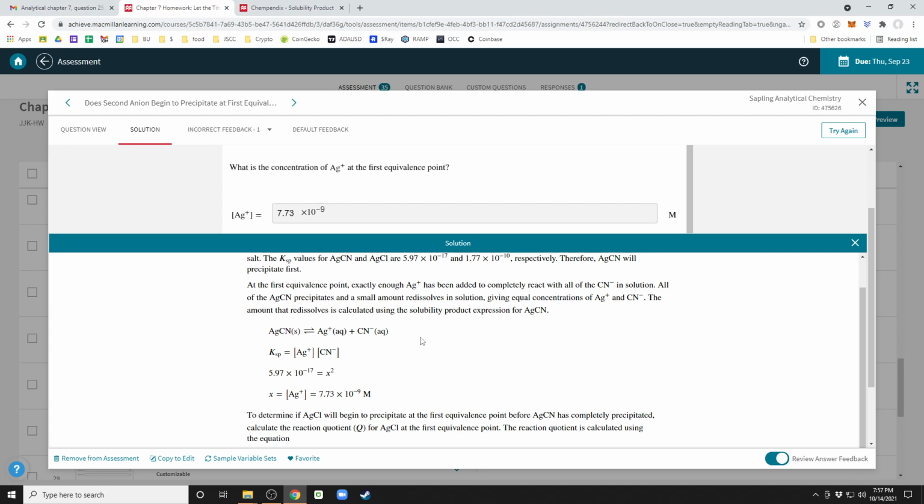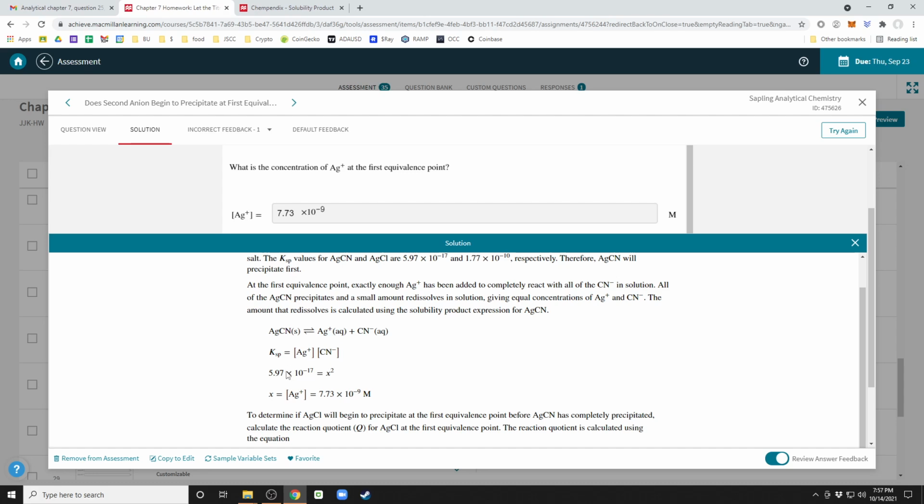And how do you figure out solubility? Well, you can just directly plug in your numbers for your KSP. So your KSP in this case would be your silver concentration, and again it is 1 silver to 1 cyanide, so you get powers of 1, which is nice and convenient. So your silver concentration times your cyanide concentration.